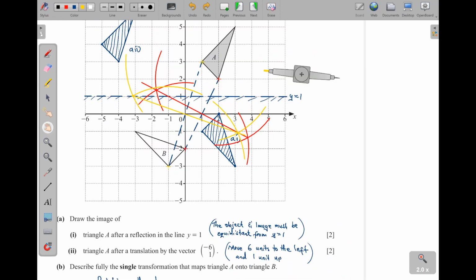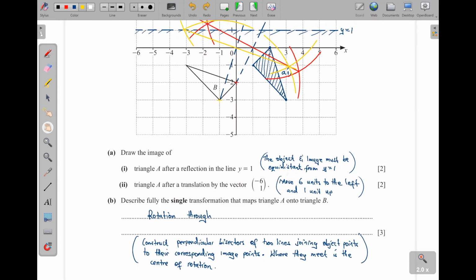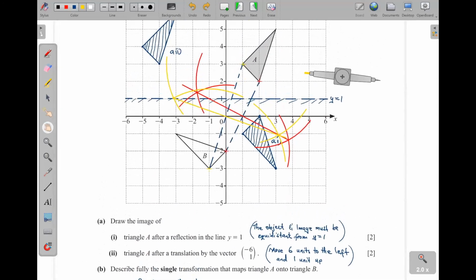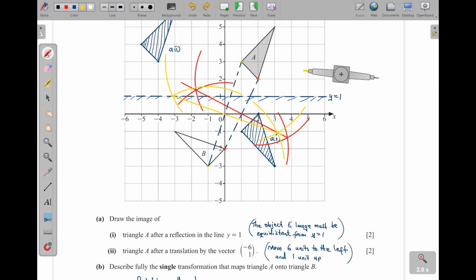So the answer here has to be a rotation through. I'm going to come to the angle. Let's look at the angle. On the look of things, this one was drawn like this. Okay, it was drawn like this. Now, for you to get the angle of that rotation, get the object, the center of rotation, and then the image. So connect them.